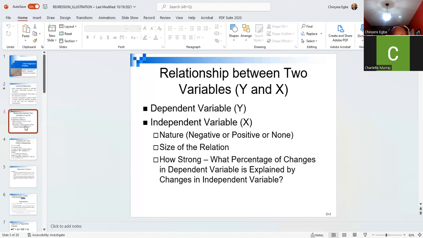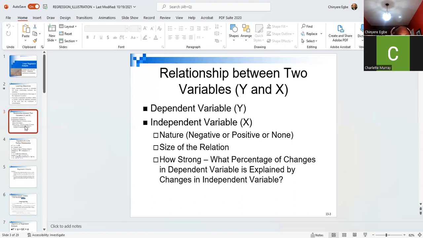Now, the next step in regression analysis, in applied statistics, is where we talk about the relationship between 2 or more variables. Now, we're looking at 2 variables. Let us say we look at wage, but we not only look at wage, we also look at years of experience.